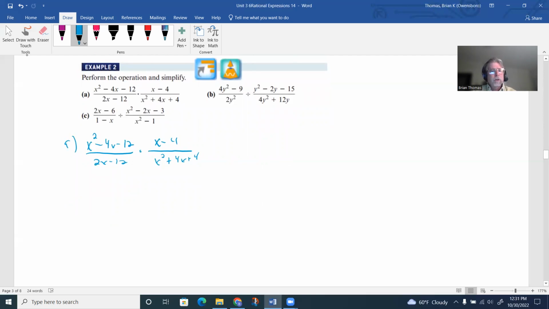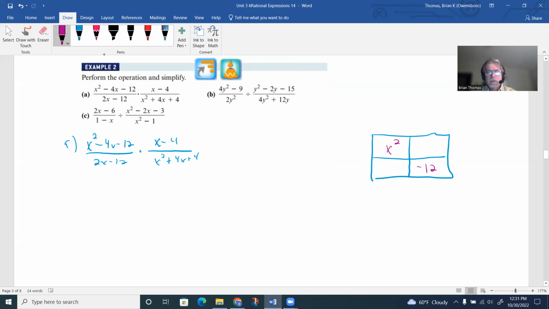So if I look at this first one, x squared minus 4x minus 12, notice that is not a perfect square trinomial, so it's a general trinomial. For general trinomials, you can use four square as a method of thinking. The quadratic term is in the top left, the constant in the bottom right.